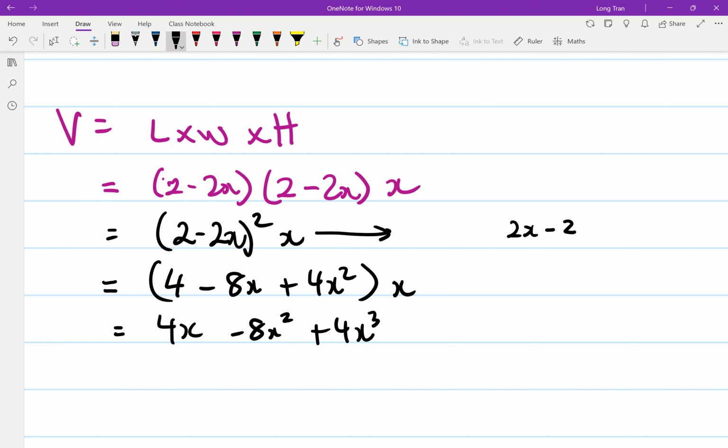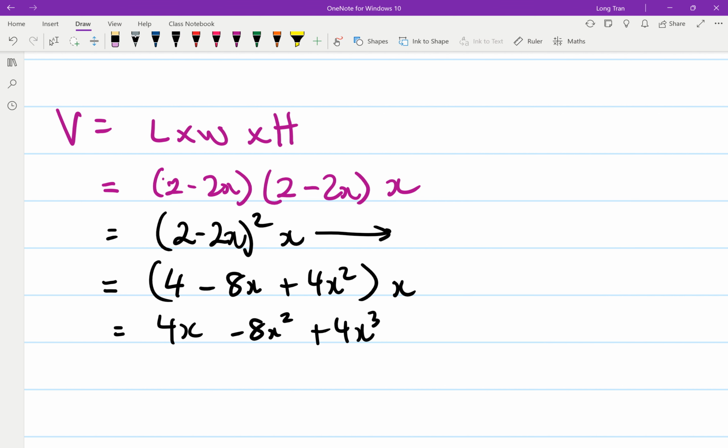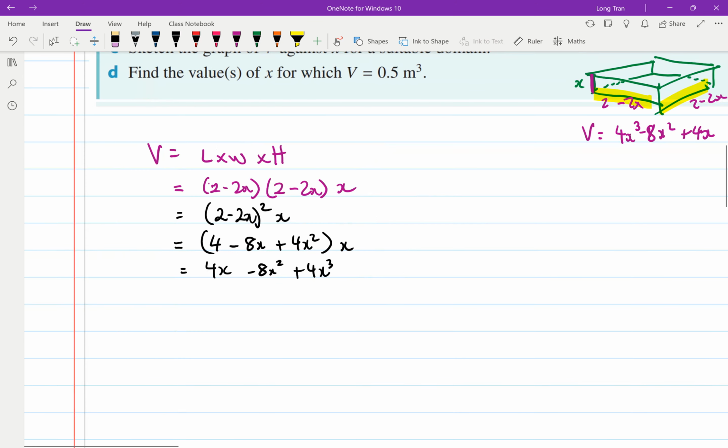Yeah, so you've taken out the negative outside, and that becomes 2x minus 2 squared times x. And then without the negatives, it becomes easier to see. Is that what you're saying? Yeah. Very true. That does help. And then that's the proving part.